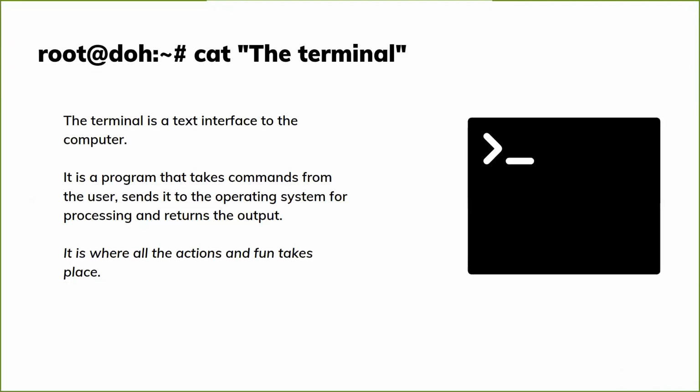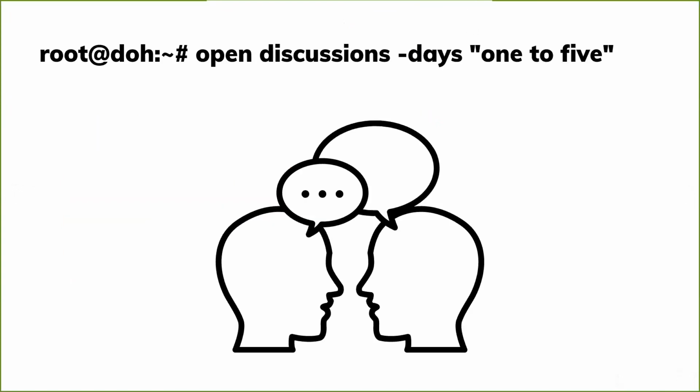The system processes your commands and returns the output to you. So the terminal is where all the action and fun takes place. That's where we are going to spend most of our time, in fact almost all of our time during this session. So we are going to get familiar with the terminal and use it a lot. We'll get started right away.